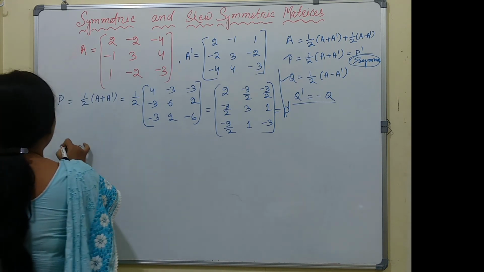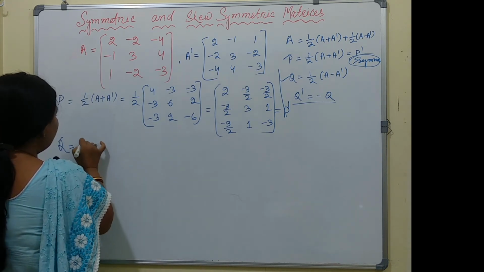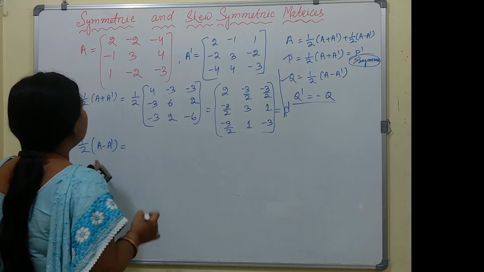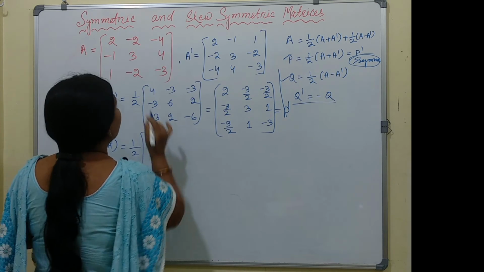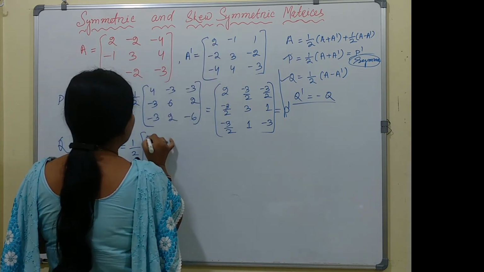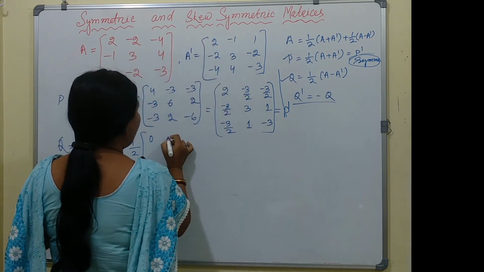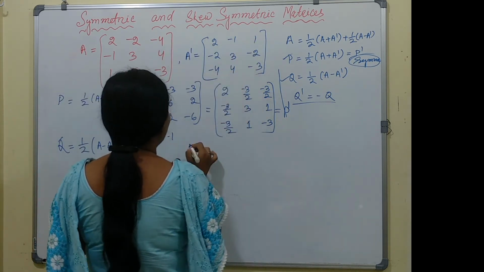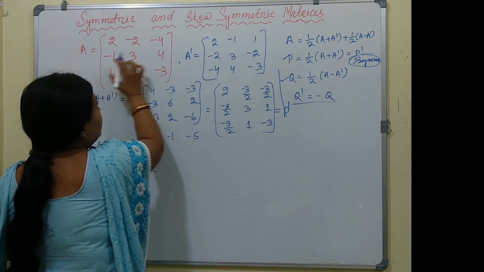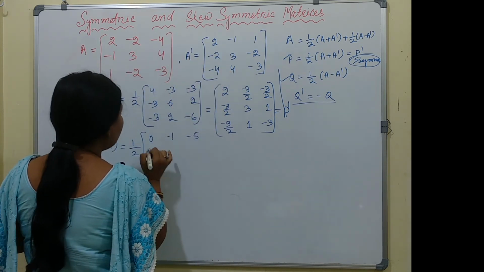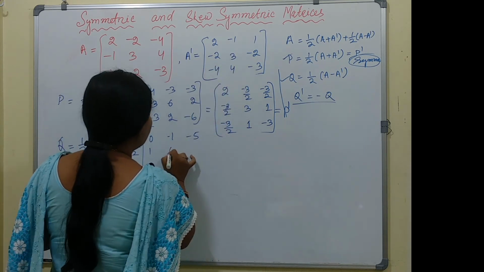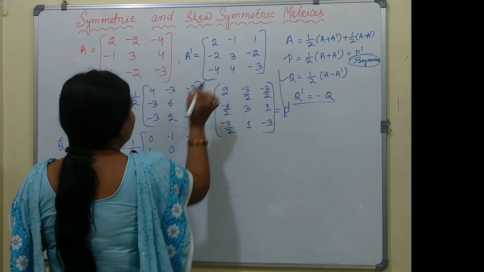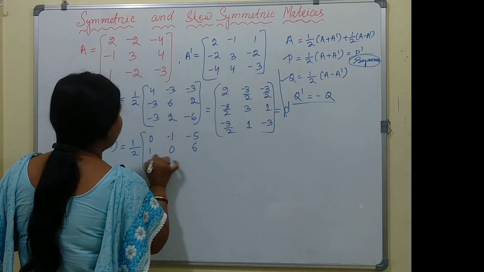Now come to Q. So what is Q? Q is equal to half whole into A minus A dash. So half whole into A minus A dash: 2 minus 2 is 0. Minus 2 plus 1 is minus 1. Minus 4 minus 1 is minus 5. Minus 1 plus 2 is 1. 3 minus 3 is 0. 4 plus 2 is 6. 1 plus 4 is 5.